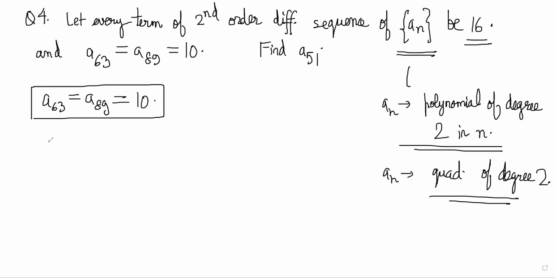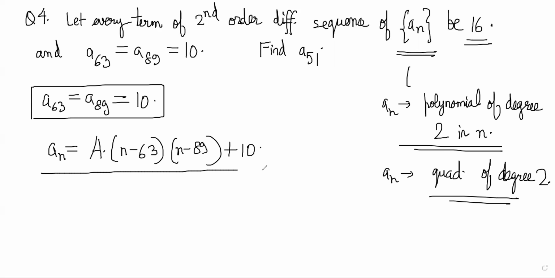So in general, the quadratic can be written as some constant times n minus 63, n minus 89 plus 10, right? This captures all this information, because when you put 63 and 89, this part vanishes and it becomes equal to 10. And for other values, obviously, you will get other values, right?